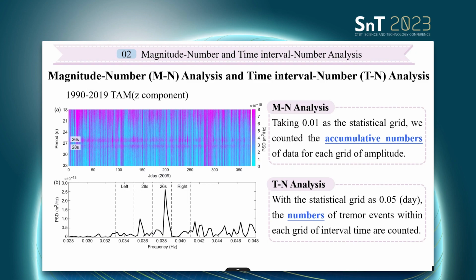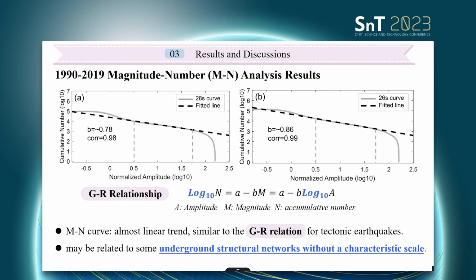For TN analysis, taking 0.05 as the statistical grade, we counted the numbers of tremor events within each grade of interval time. The MN analysis results show an almost linear trend. That means it's similar to the GR relation for tectonic earthquakes, so it means they may be related to some underground structural networks without a characteristic scale.